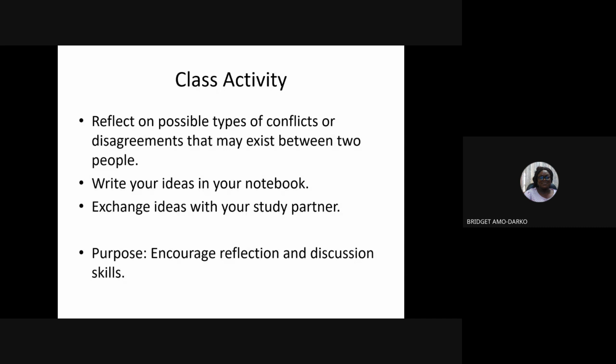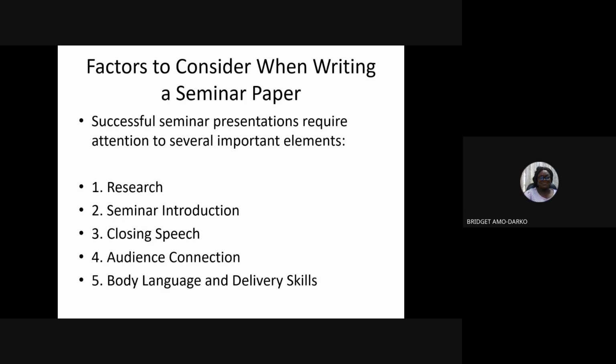So now, class activity. This one will be given after the presentation so that you go and work on it and present in our next meeting. So when we're done, I'll give it to you. Factors to consider when writing a seminar paper.